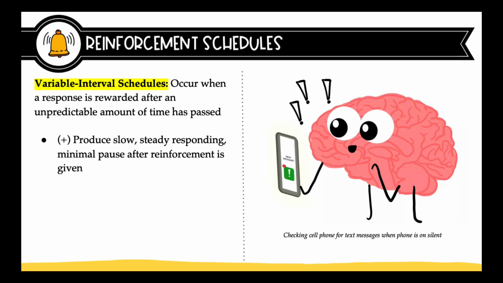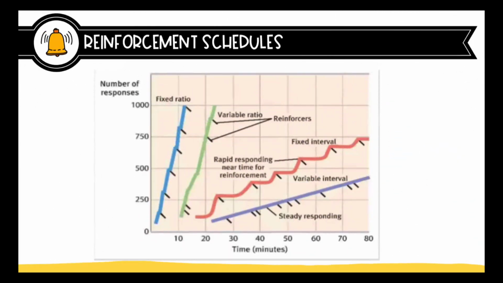Okay? So that's really all I have for the 4 different types of schedules. Make sure you know them because you are going to have a quiz. I'm not sure what day, but I will tell you the exact day when I have finished writing it. Right now, I want you to take a look at this last graphic on the screen.